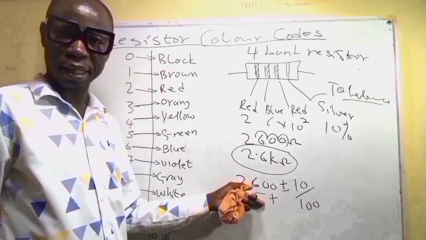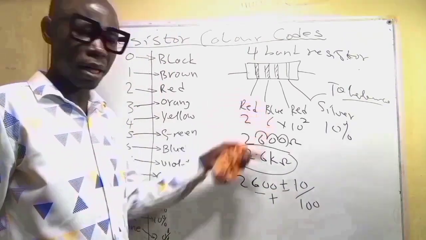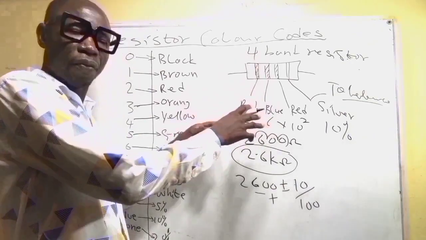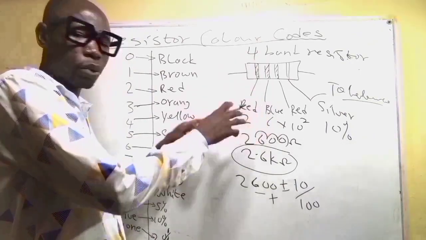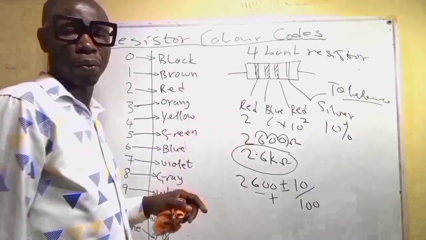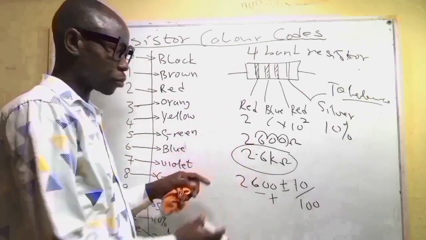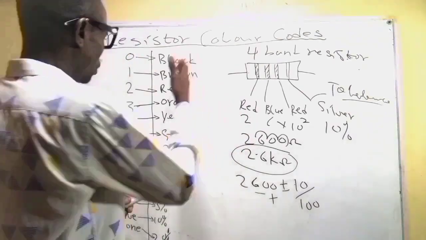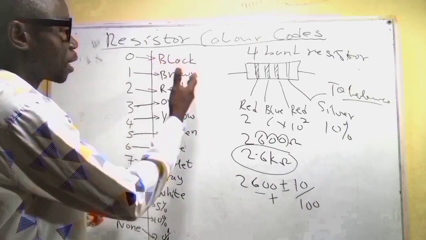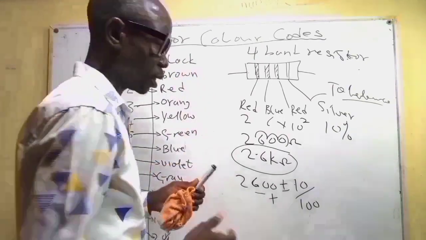So what you get, you buy that resistor, you place it, if you are building a circuit or a machine, you put it on, and it will work for you. That is that. So you see, and there is another way, that is the simplest way.